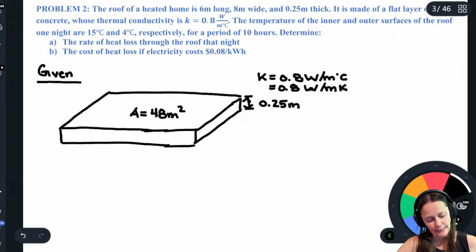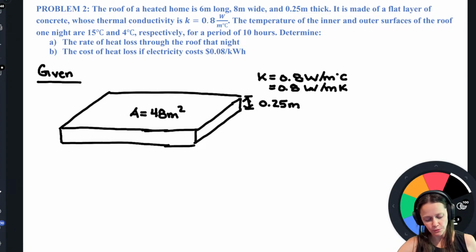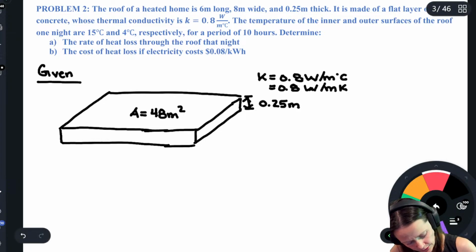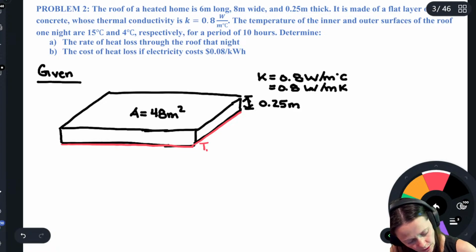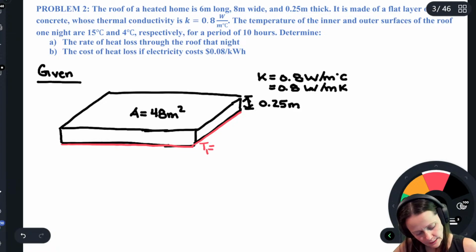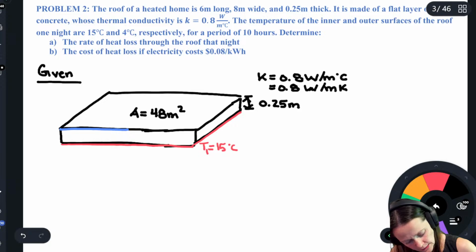The inner and the outer surfaces of the roof are 15 degrees and 4 degrees. The inner one is the one down here at the bottom. So here's that guy at this temperature. We'll call him T1, and he's 15 degrees Celsius. And this other one is going to be at 4. Here's our T2, 4 degrees Celsius.